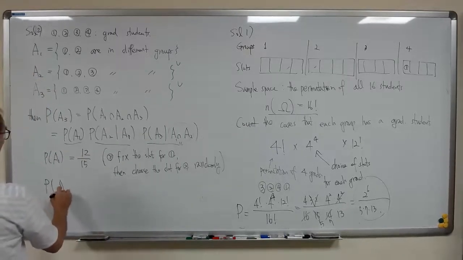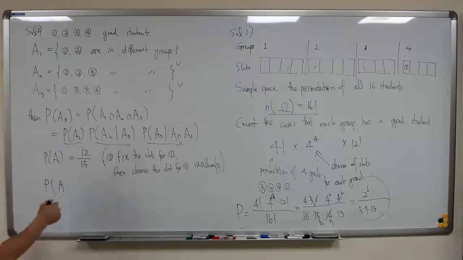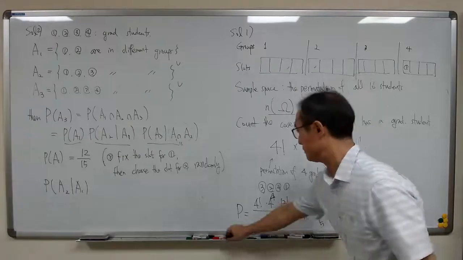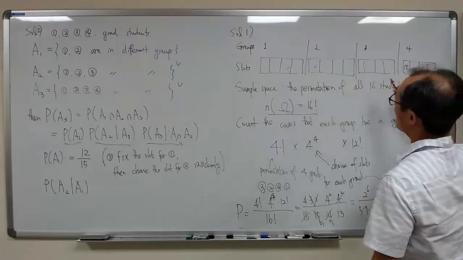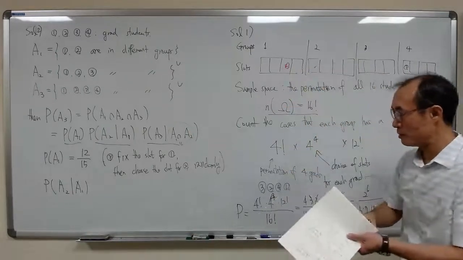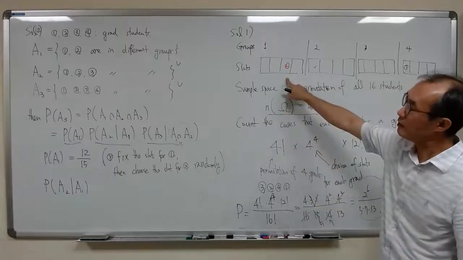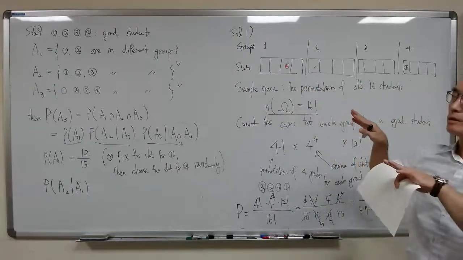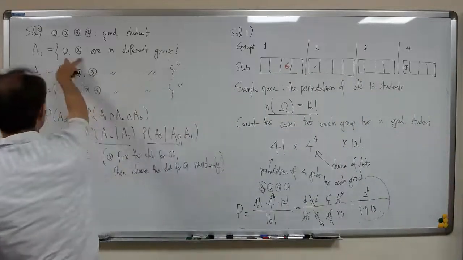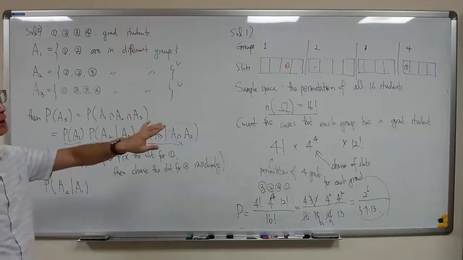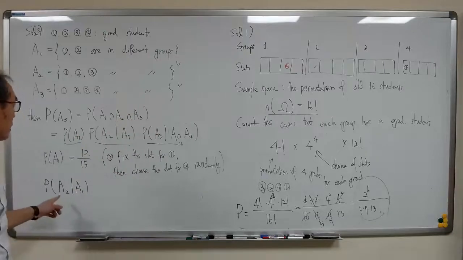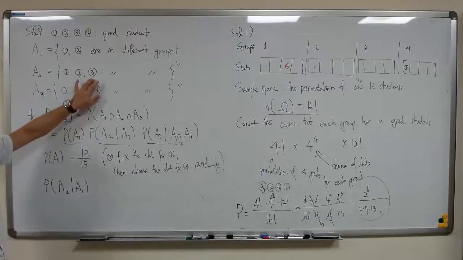All right, then what about the second conditional probability? The probability of A2 given A1. Now we choose the slot for the third graduate student. Suppose the second graduate student is located somewhere here. Under the condition A1, students number 1 and number 2 are located in different groups. What's the probability for the third graduate student?